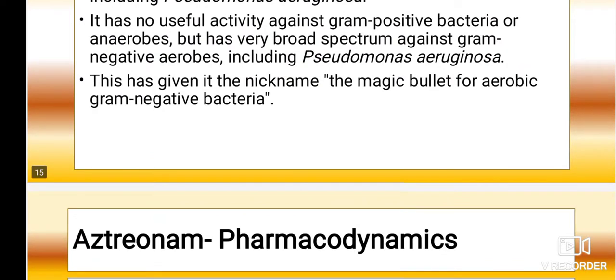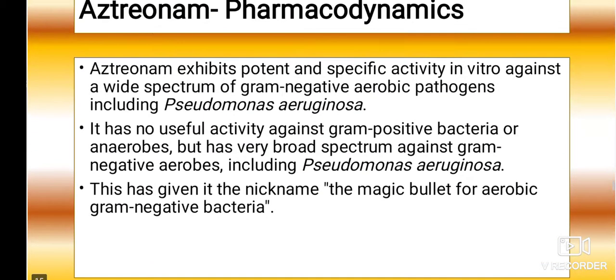So in a multiple choice question they may ask: give the example of the drug that has been given the nickname magic bullet for aerobic gram-negative bacteria. The answer is aztreonam.